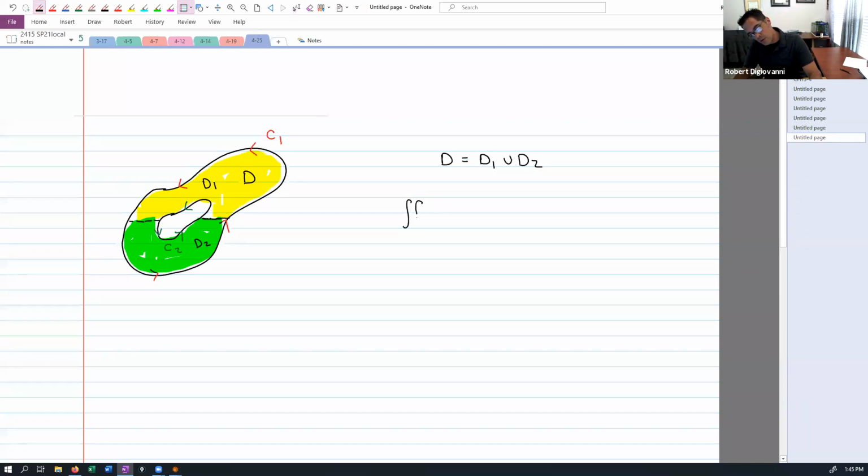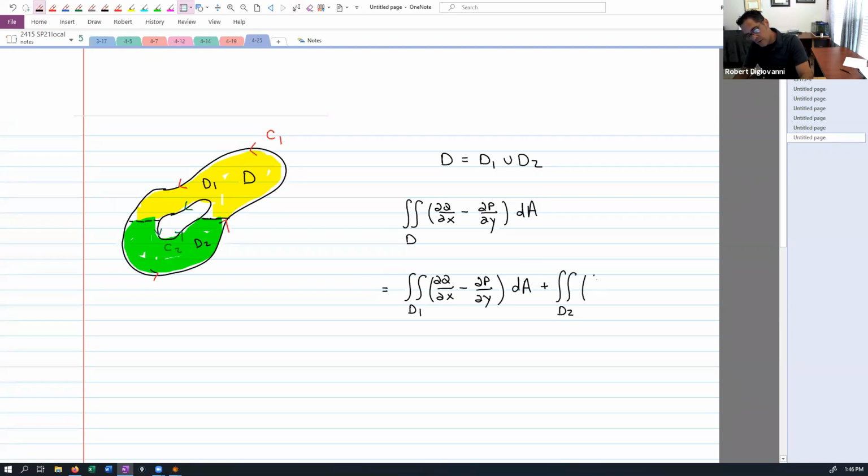The double integral over D of the partial of Q with respect to X minus the partial of P with respect to Y, dA, that should be equal to the double integral over D1 of partial Q with respect to X minus partial P with respect to Y, dA, plus the double integral over D2 of partial of Q with respect to X minus partial P with respect to Y, dA.